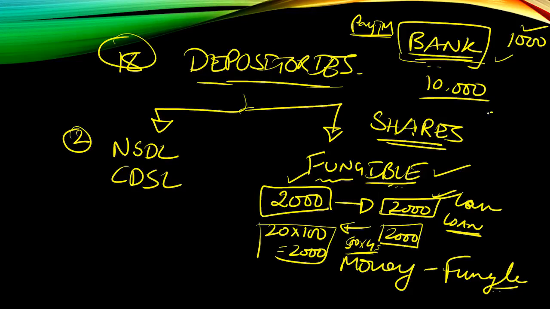But when we talk about a share certificate for an unlisted company, a private company, there is a unique number for every particular share certificate and every share. But here in depositories, it is in fungible form. If you know this, everything else you will understand in an easy manner.